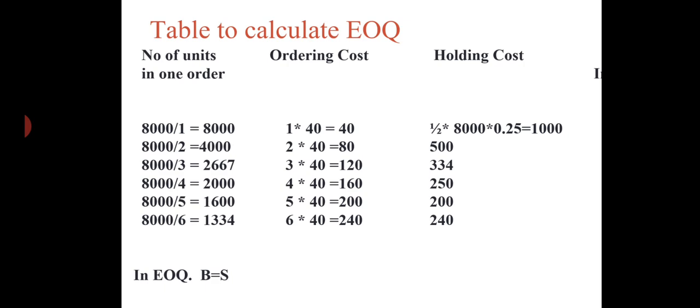Similarly, if you are placing the total 8,000 units in 6 times, the total cost is again increasing, that is 240 plus 240, 480. So the least cost is when 8,000 units are placed in 5 orders. So that is economical, that is 400 rupees for ordering cost and carrying cost.